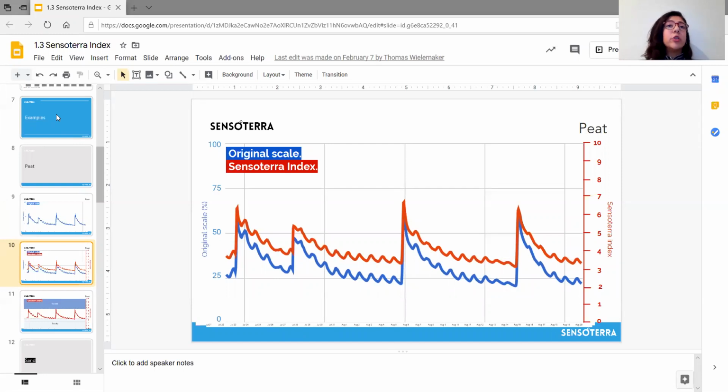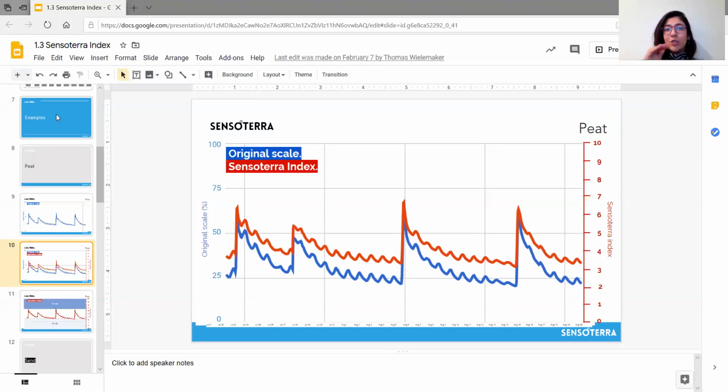Now, comparing the original scale to the Sensoterra index in red. When you use the Sensoterra index, it becomes easier. Instead of using percentages to understand your soil moisture, you're just using a scale from 0 to 10.